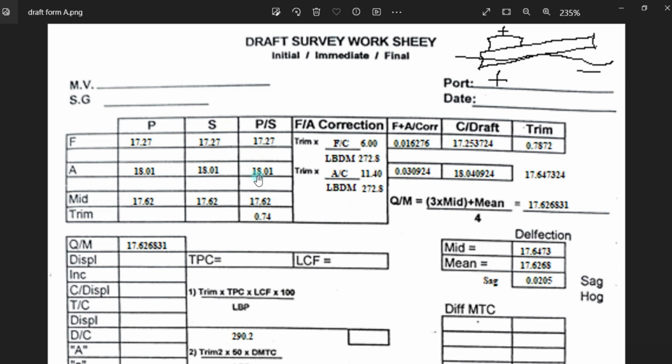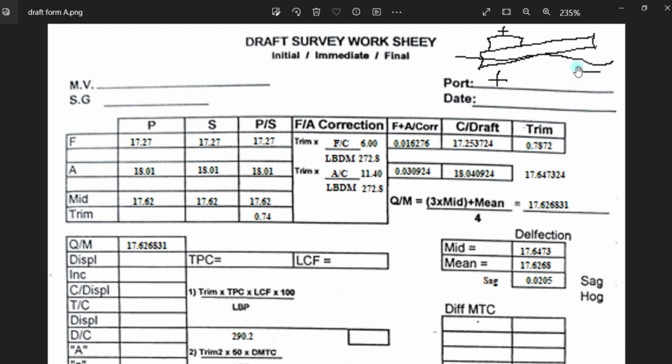If you are trimmed by the stern, take note of this: in applying the forward correction, the correction would be minus, and the aft correction will be plus. If you have a bigger draft on the aft part, that will be plus. If you have a lesser draft in the forward part, it will be negative.